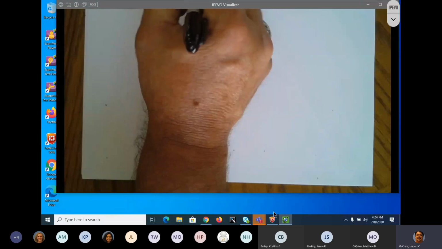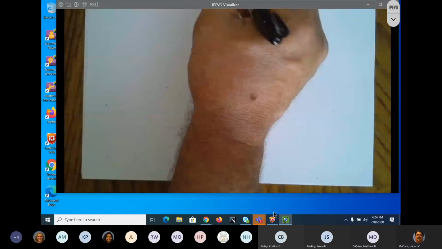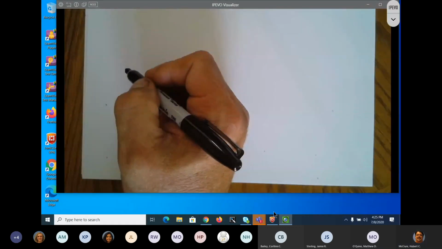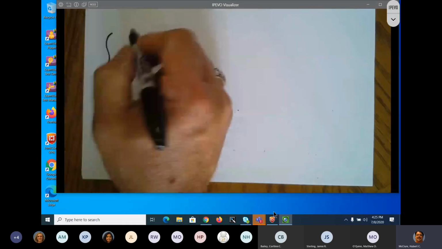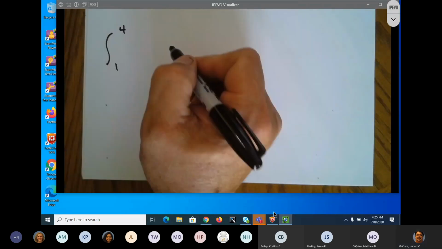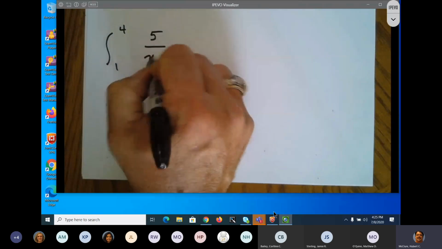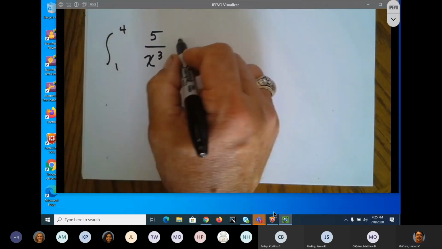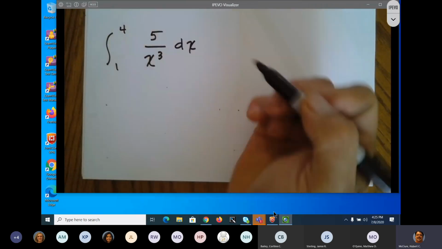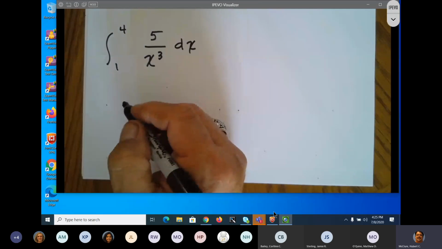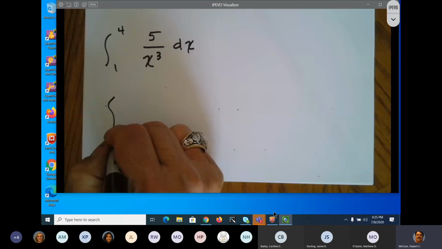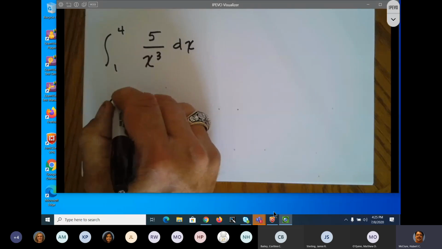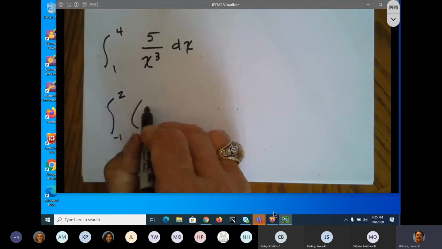Here's another one: 1 to 4 of 5 over x cubed dx. I would rewrite that first. And let's do this one: antiderivative from -1 to 2 of 1 plus 3t times t squared dt.